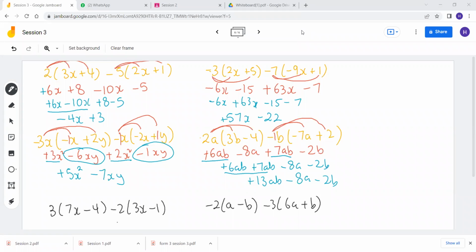Nice. So when we do this topic, we're going to use it to solve equations, right? So let's prepare the mind for that. Next day, make sure you revise it for next class, right?